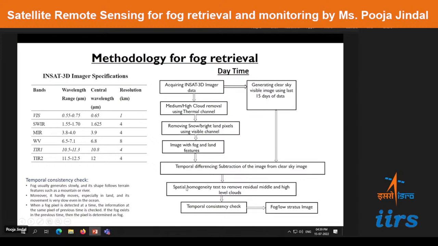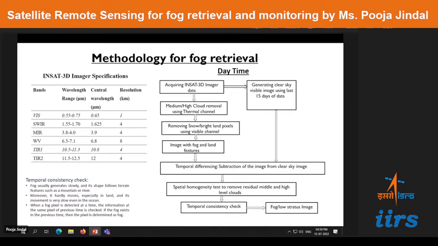The basis of this test is the physical feature of fog, which is that the fog top is smooth. When you move from one pixel to the second pixel, third pixel, reflectance should not change significantly, because the fog top is smooth.